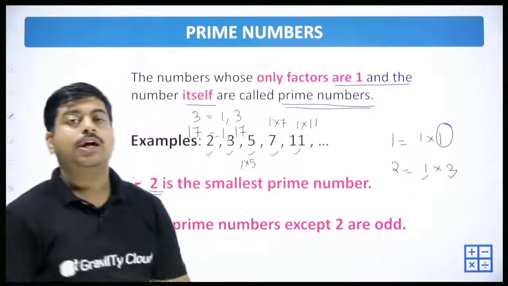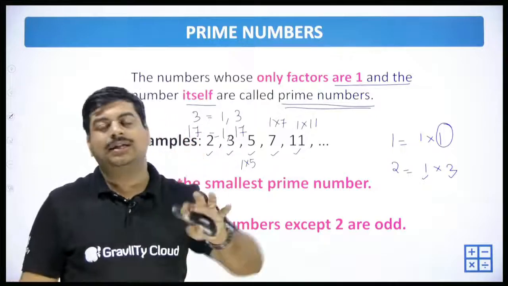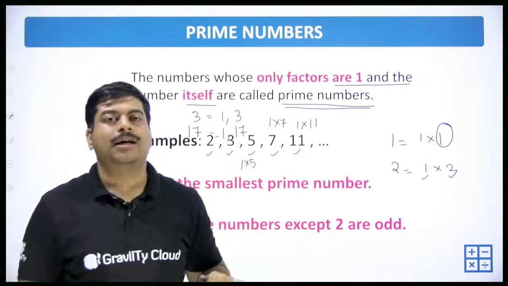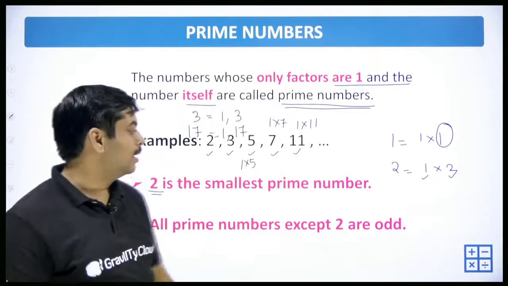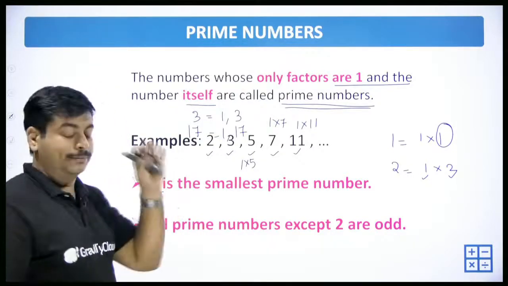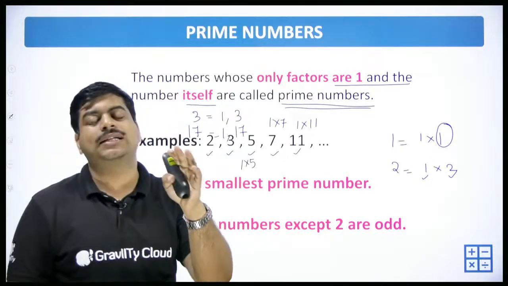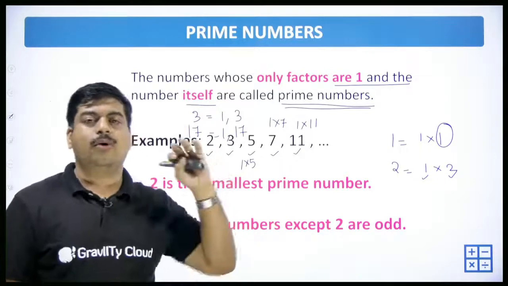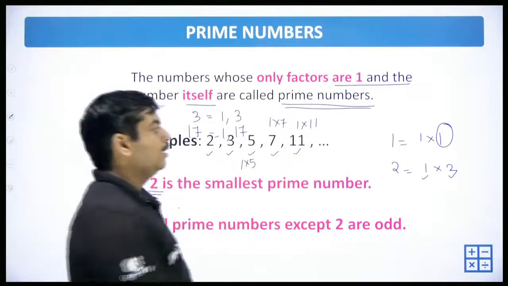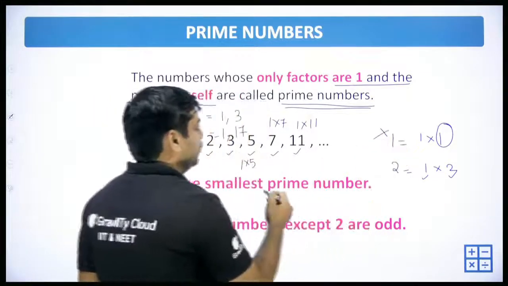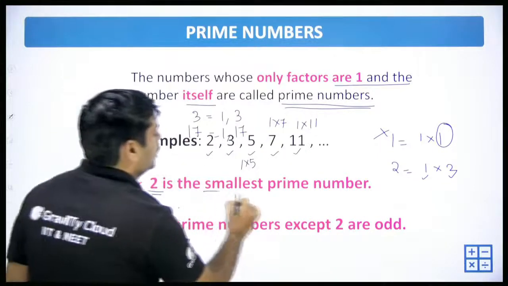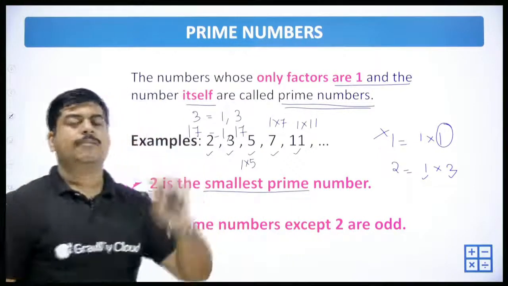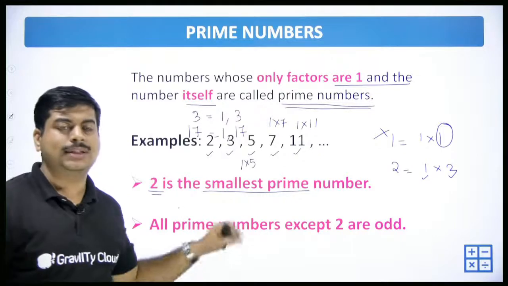So that is the reason 1 is not considered as a prime number. 2 is the smallest prime number. The very first prime number in the positive numbers is 2.